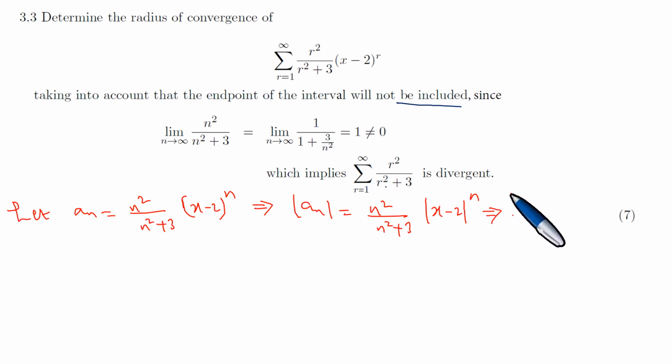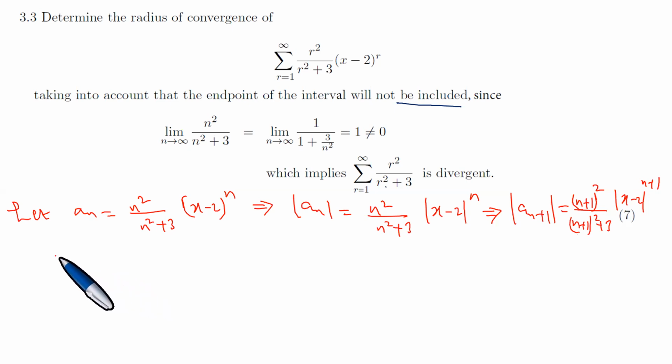And then we can have the a_(n+1) for purposes of the ratio test, which is (n+1) squared divided by (n+1) squared plus 3 times x minus 2 to the n+1.